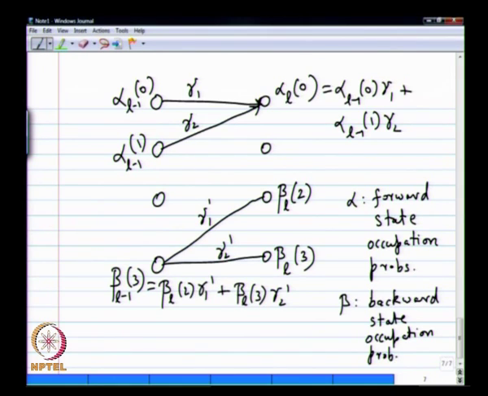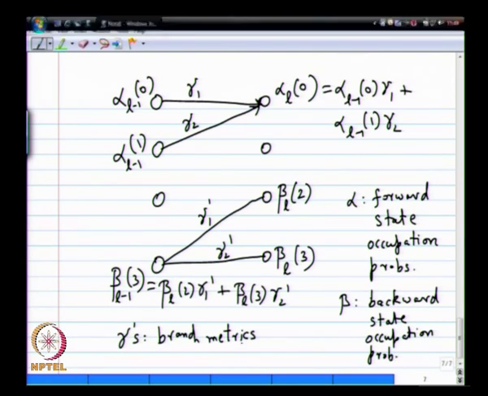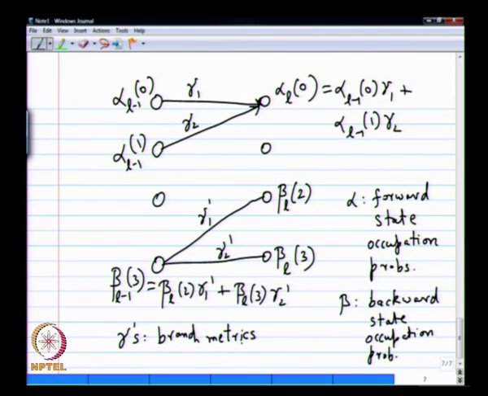What about gamma? Gamma is neither forward nor backward. It is in each stage, so it corresponds to the branch probabilities for each stage. So gammas are like branch metrics. I don't want to write down a formal formula for beta, you know how it will look.